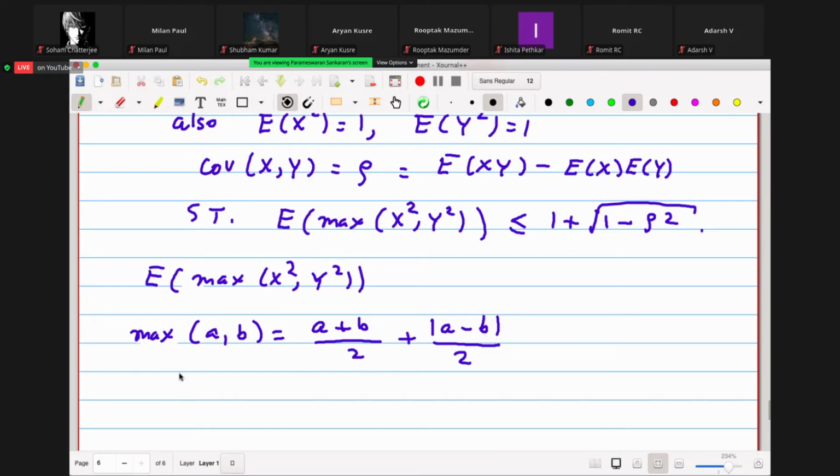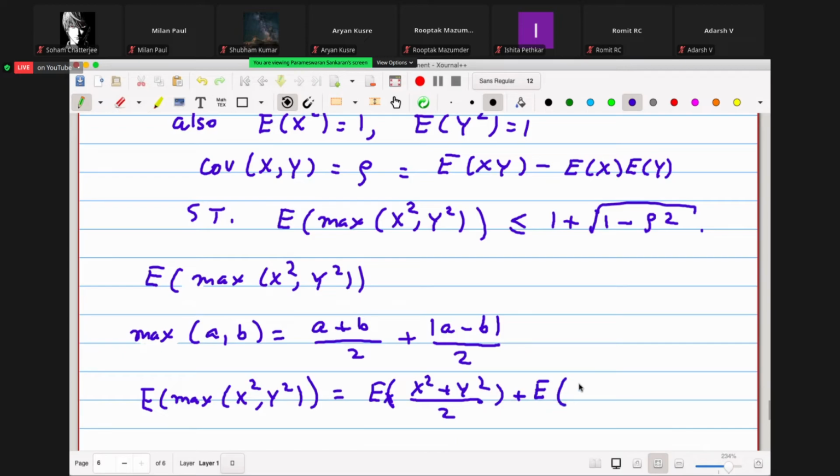Now you can use this: expectation of maximum of x square and y square is equal to expectation of x square plus y square by 2, and then plus expectation of absolute value of x square minus y square by 2.